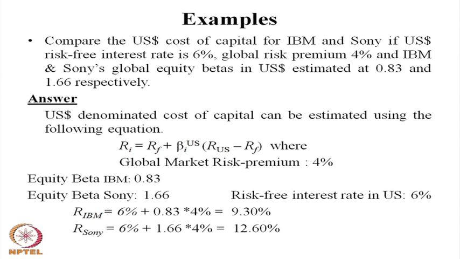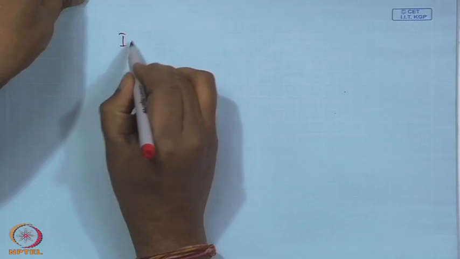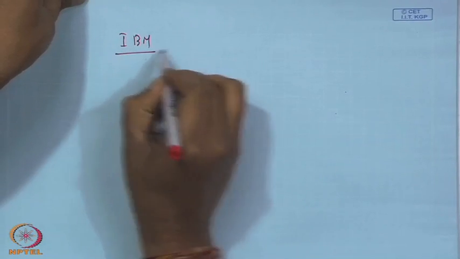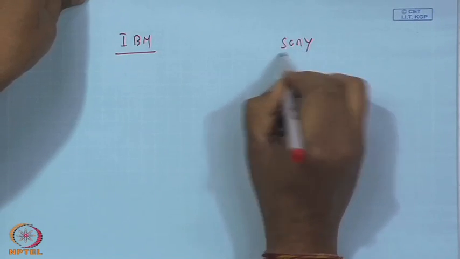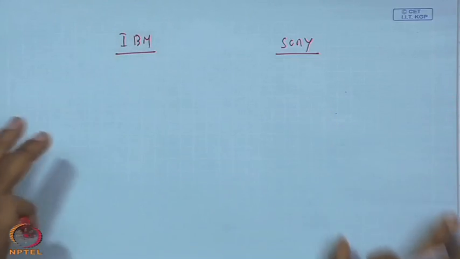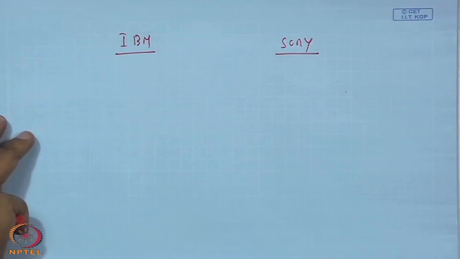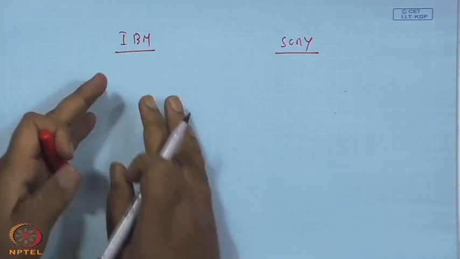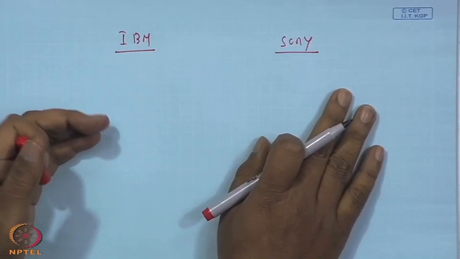Here, what is given to us is that you have to price the cost of equity in terms of US dollar for IBM and Sony. So, we have two companies, IBM and Sony. They are international companies, and their equities are internationally listed on different stock exchanges. You have to find their cost of equity in US dollar.